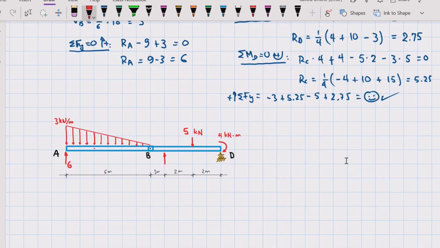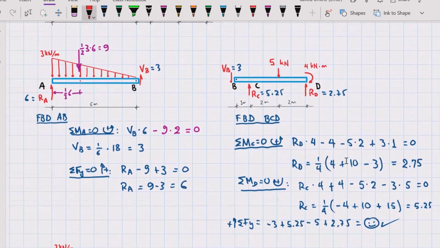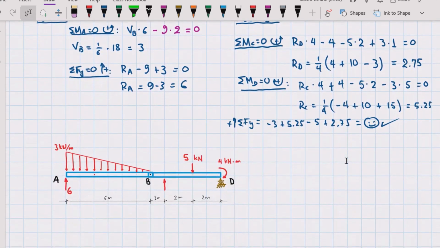How much was C? It's 5.25. D. What is D? 2.75. Going up? I guess it was going up, right?